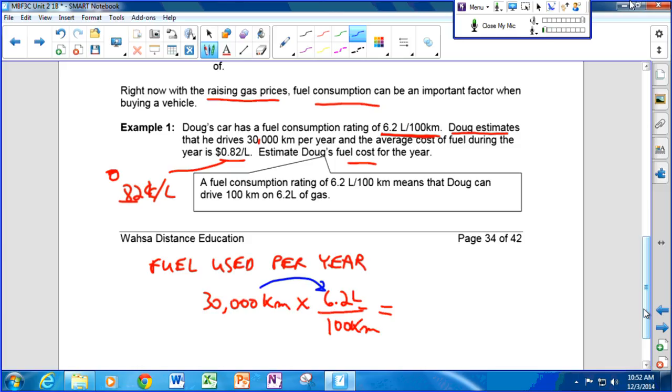So it's 30,000 times 6.2 divided by 100. Okay, and I get 1,860. Now, what are our units going to be? Our units are going to be liters because the kilometers actually cancel. Okay, and so the only unit we're left with is liters.